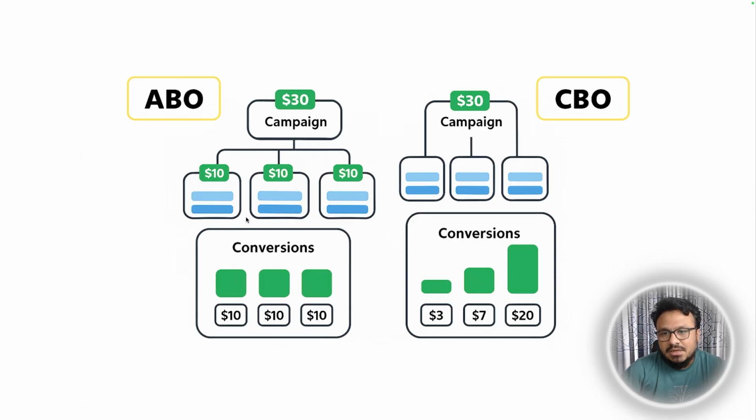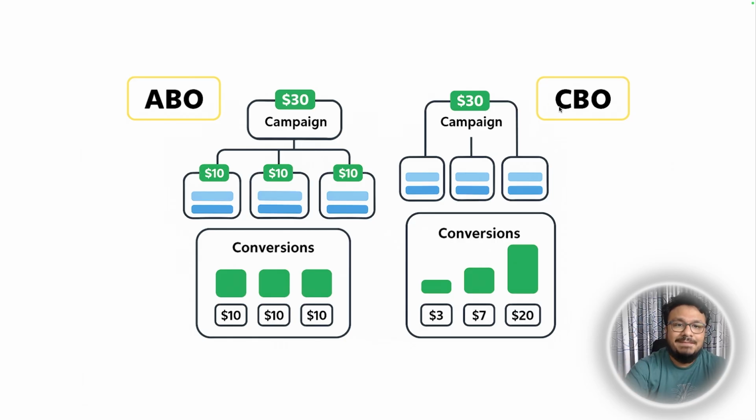Now, in terms of delivery, when the ads under each ad set are being delivered to a certain audience, they will have the same spend. Facebook will spend $10 for ad set 1, $10 for ad set 2, $10 for ad set 3.